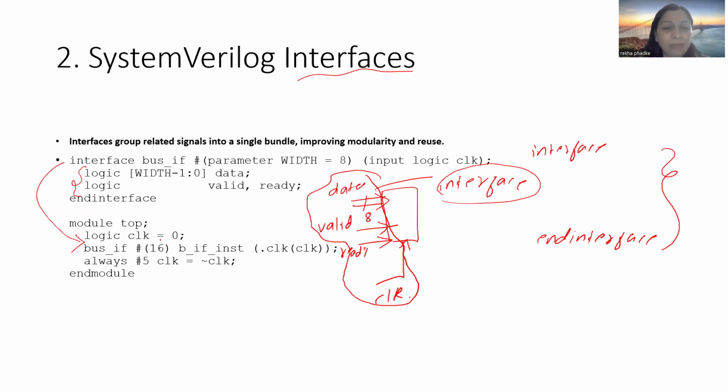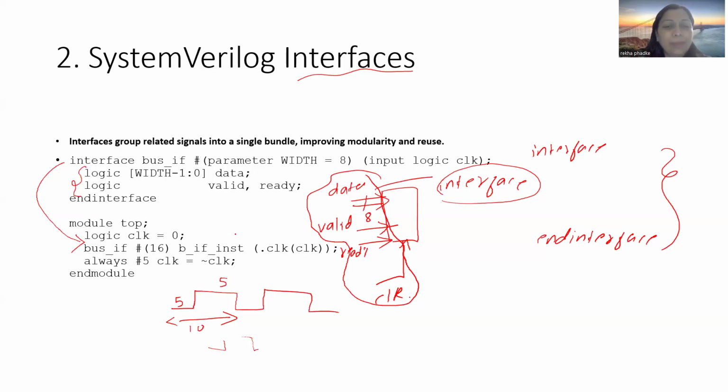Instead of 8, I'm overriding it with 16. I'm generating a clock here: always #5 clock = ~clock. So this top module will generate a clock which is of 10 time period. On and off together, 5 and 5 together, is 10. That is the clock period.